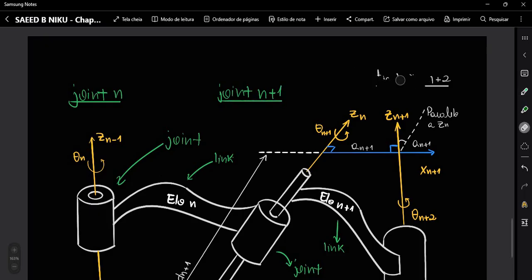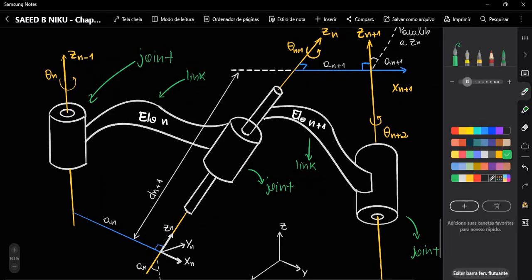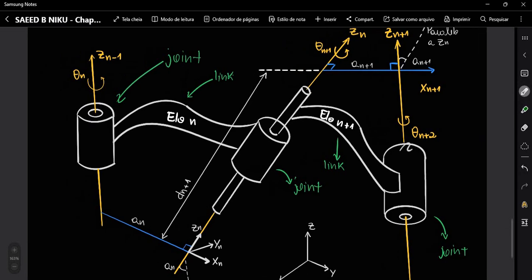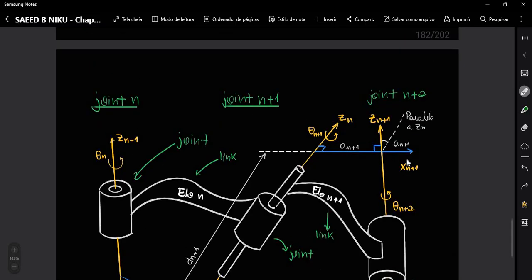And this one is the joint n plus 2. Okay, that is right.